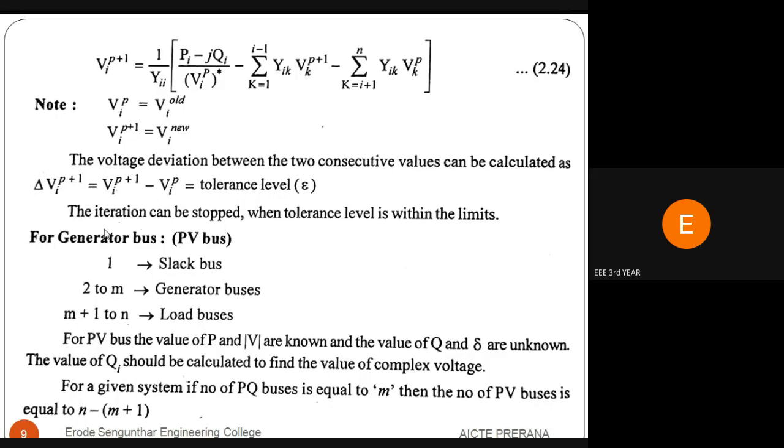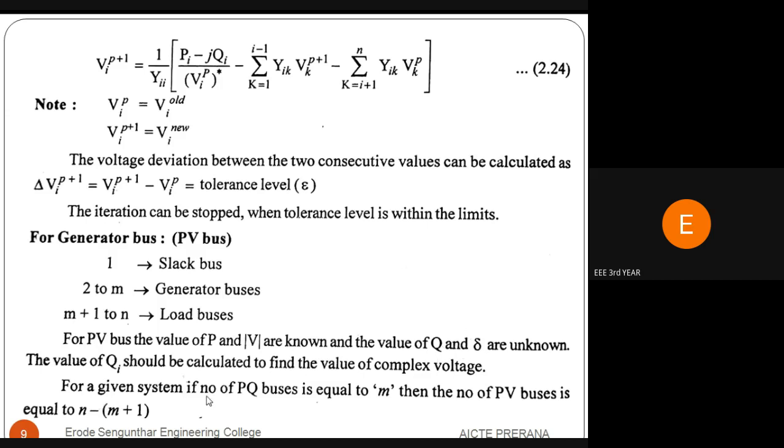For the generator bus, the first bus is taken as the slack bus, buses 2 to M are considered generator buses, and M+1 to N are considered load buses. So for the PV bus, the given values are real power P and voltage magnitude V. From these, we have to calculate reactive power Q and phase angle δ.